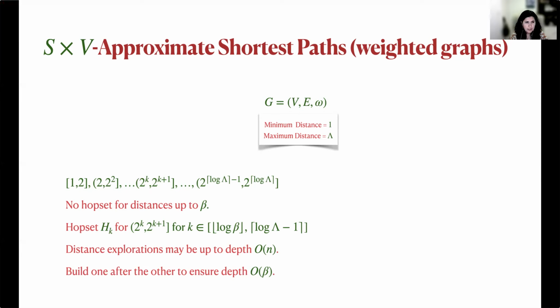To avoid that, instead of building all these hop sets in parallel, we build hop sets one after the other. When we build a hop set for the distance subrange 2 to the k, 2 to the k plus 1, we actually use hop set edges from the hop sets at lower scales, and this makes sure that every time we compute a hop set, we do not go to a depth beyond order beta.